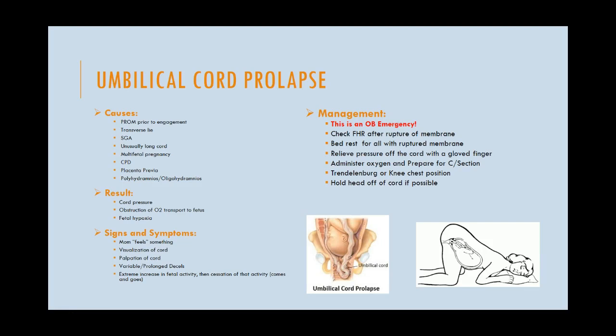In terms of your nursing measures, the quickest way that you can get pressure off of that cord is with a position change for mom. If you've discovered this, if you've visualized it, the first thing you want to do is ask that mom to roll over in knee-chest position, because that's the fastest way that you're going to get pressure off of that umbilical cord.